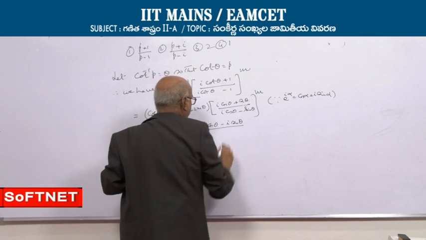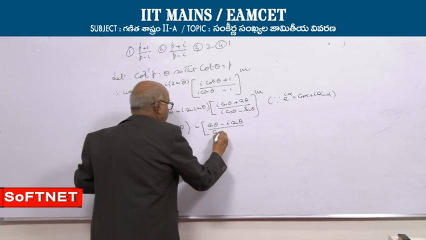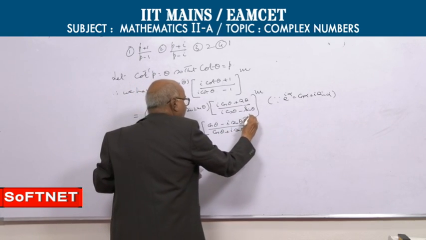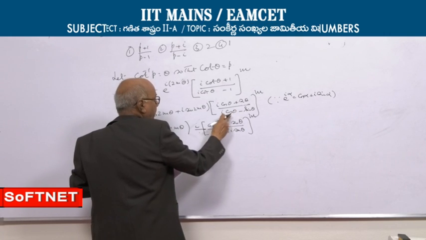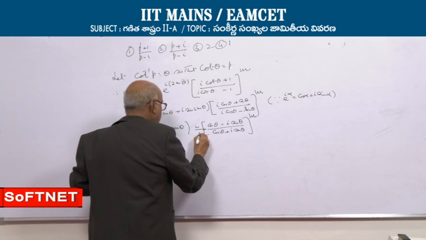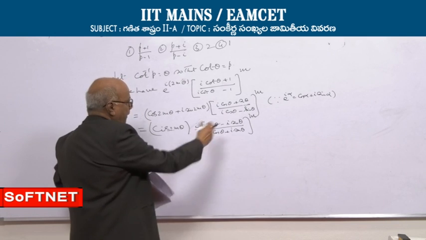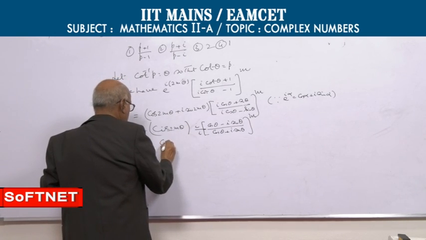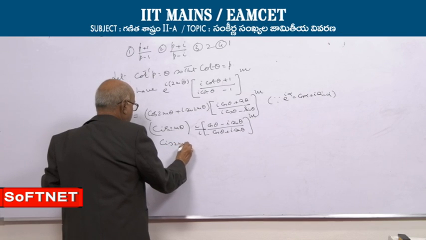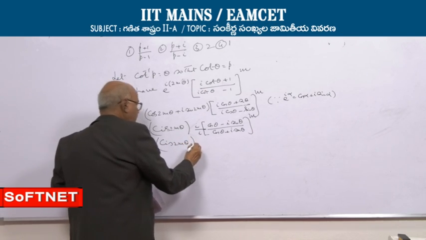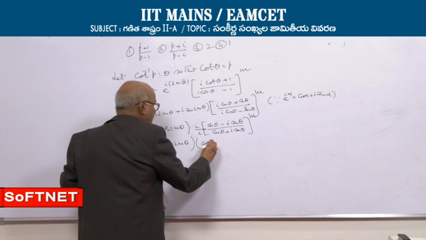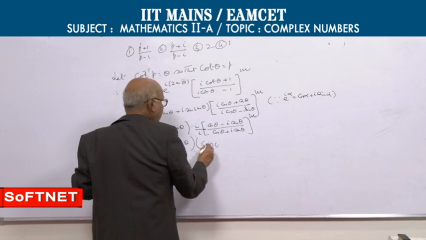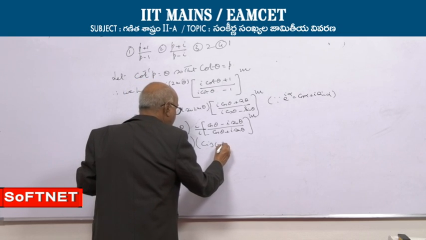So this power m, cos theta minus i sin theta by cos theta plus i sin theta whole power m. Here if you take i cos theta, you will get i outside, cos theta plus i sin theta. So this i will cancel. So this is cis 2m theta into cis minus 2m theta.